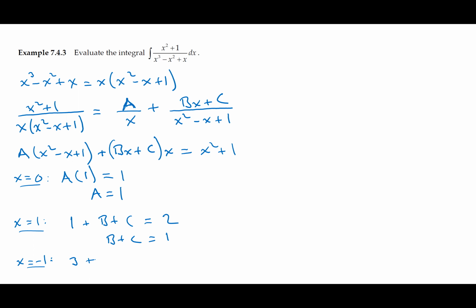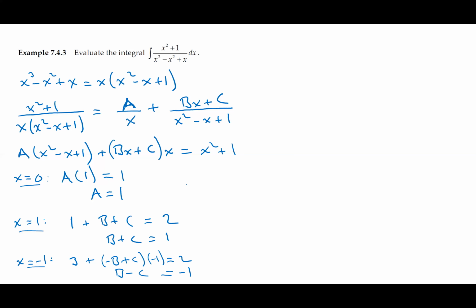plus negative b plus c times negative 1 equals 2. And so that's going to give me b minus c equals negative 1.